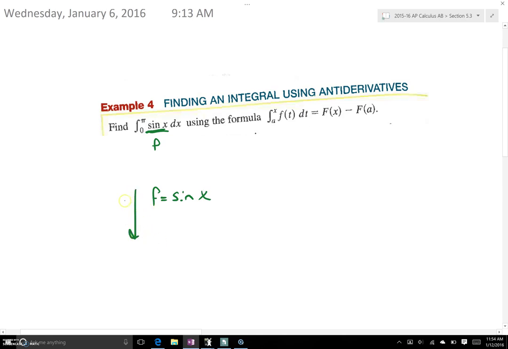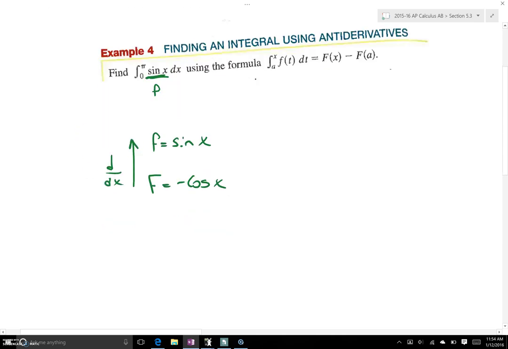So the antiderivative, capital F, is going to be equal to negative cosine x, because if we were to take the derivative of that, we would get back sine x. So then, plugging that in, we're going to get the integral from a to x of f of t dt.